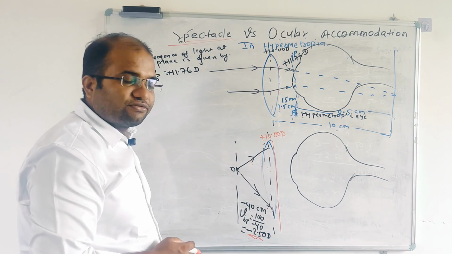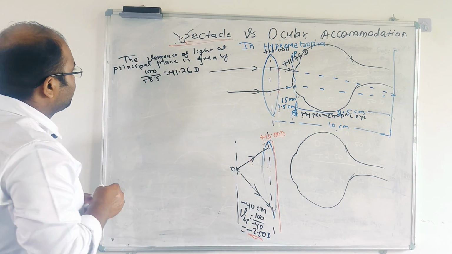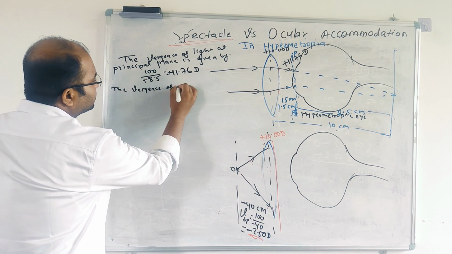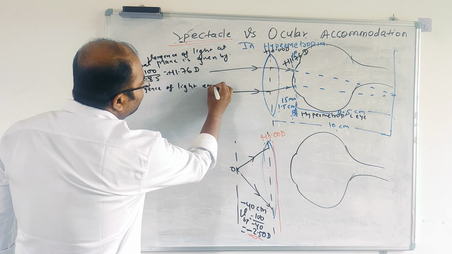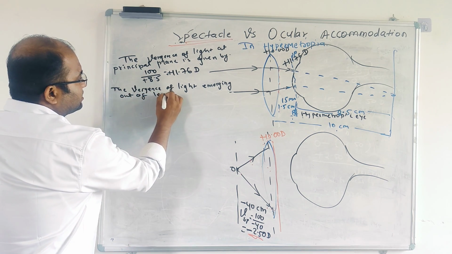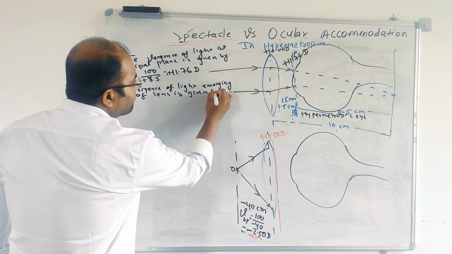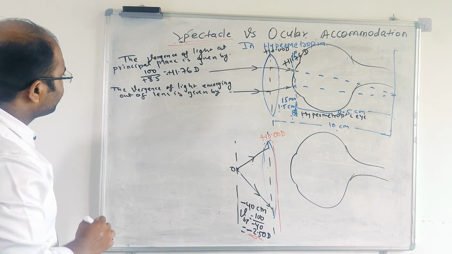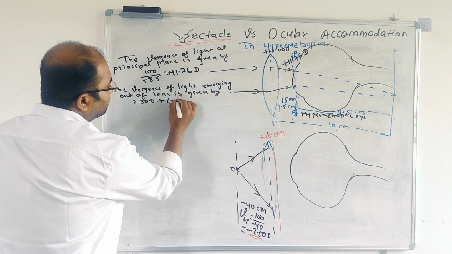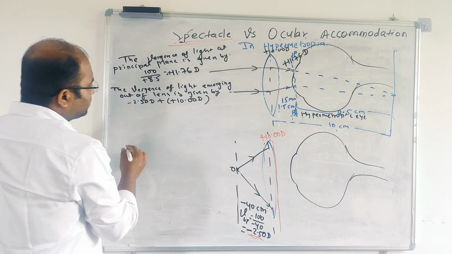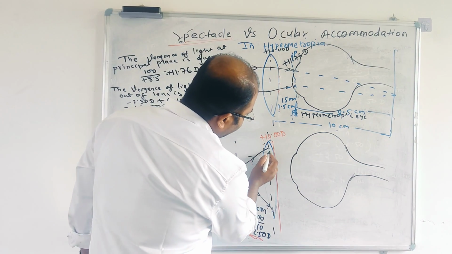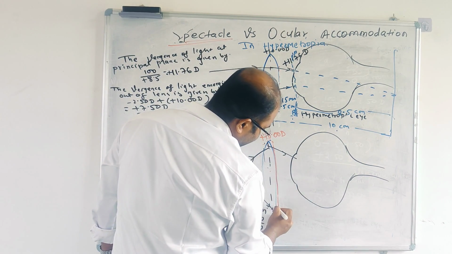So the divergence of light emerging out of the lens is minus 2.50 diopter plus 10 diopter, summation of both. So it will be plus 7.50 diopter. That means plus 7.50 diopter light will be emerging out.